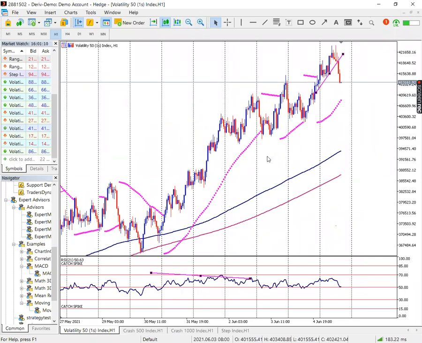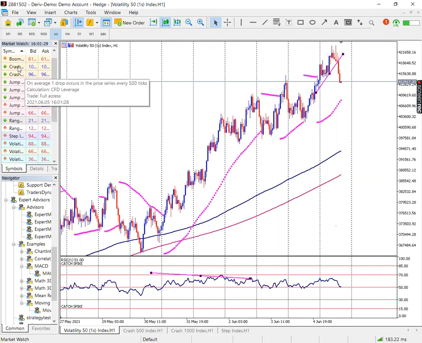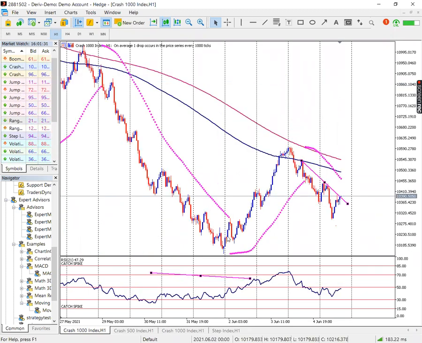Yeah. So for those people who are watching this video, this strategy I've been using for 3 months now, and for the first time, I don't think Crash 1000 was a failure, but I think it was me who failed. For the first time, actually, Crash 500 messed with me, but I don't think the strategy messed with me. It's me who messed with the strategy because I took some trades too early.